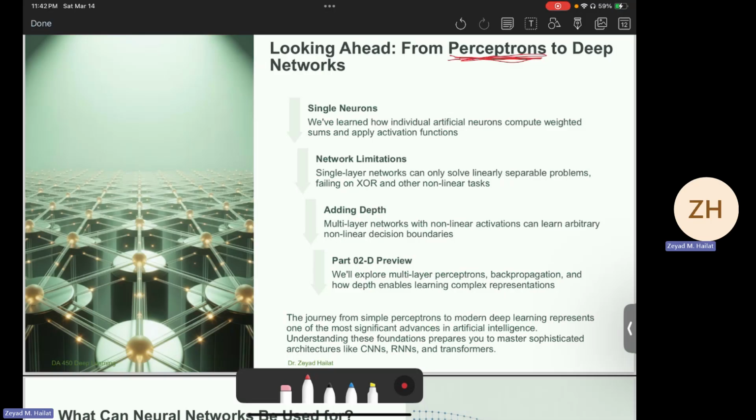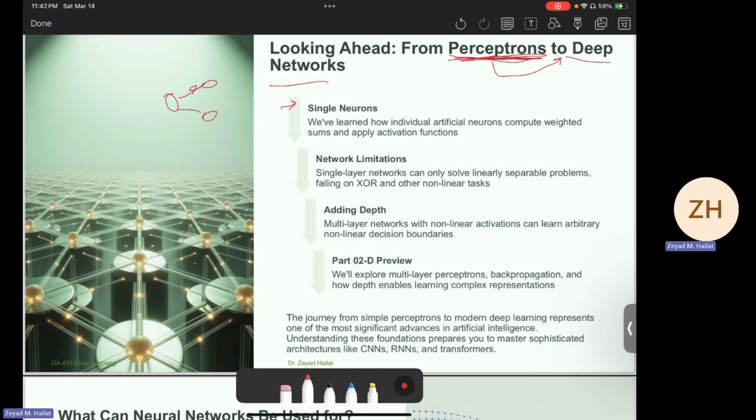Now we will see how we are moving from perceptrons to deep networks. A perceptron was just a single neuron or a few neurons next to each other. Now we want to get more complicated, meaning we are learning better decision boundaries. Remember the decision boundaries that we talked about? The goal is not to complicate things, but to learn decision boundaries that can capture complicated patterns.